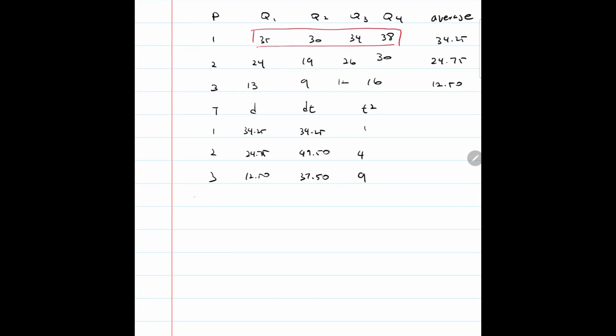We'll say T bar is 2, and D bar will be 23.83, and sum of DT is going to be 121.25. Sum of T square will be 14.